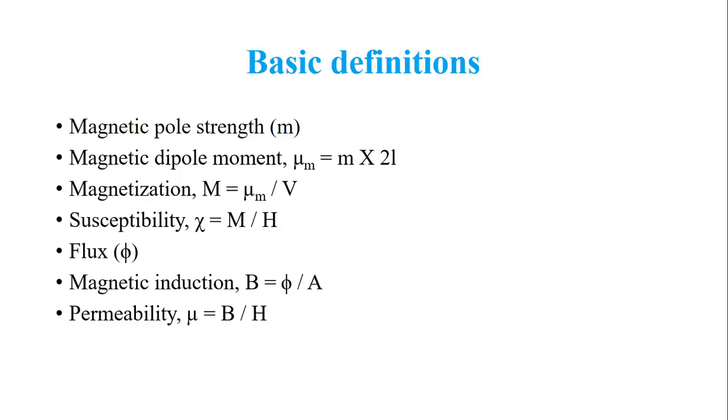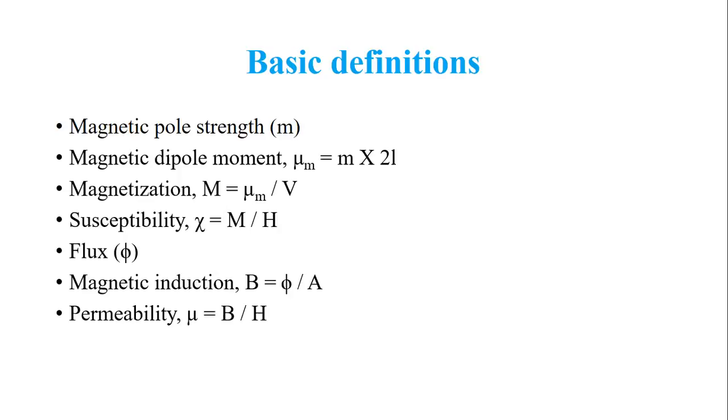So the meaning of this is when you expose these three magnetic materials, let us say 1, 2, and 3, to the same magnetic field H, then the number of lines of force penetrating material 1 will be least because its permeability is least, and the number of magnetic lines of force penetrating material 3 will be maximum because the permeability of the third material is maximum, and the number of lines of force penetrating the second specimen will be moderate because the permeability is moderate.